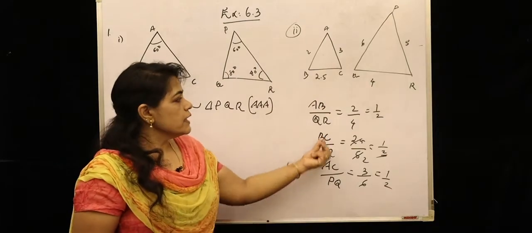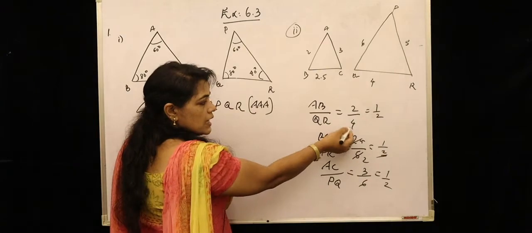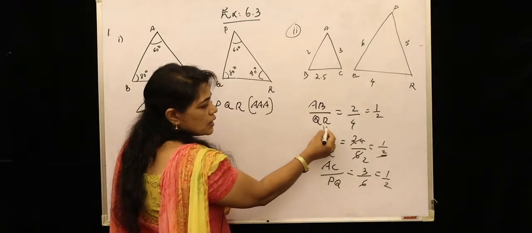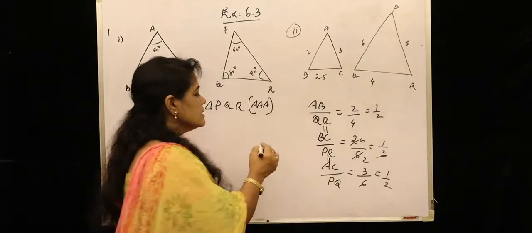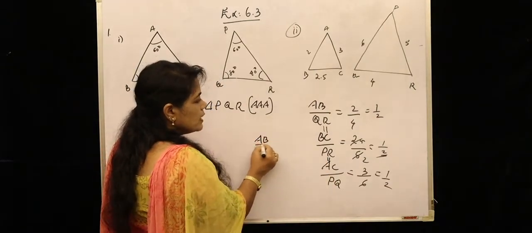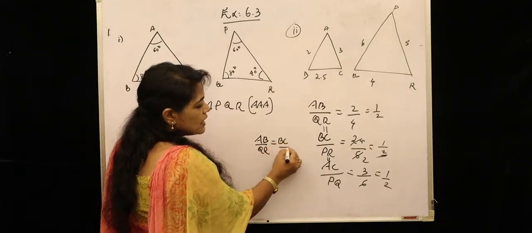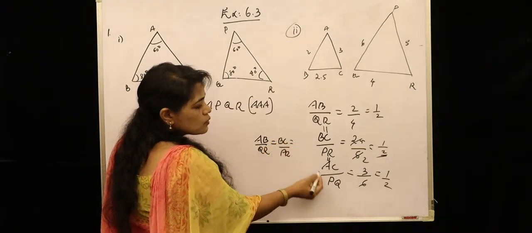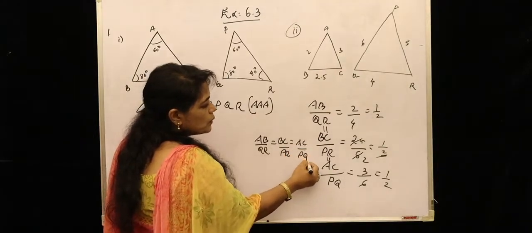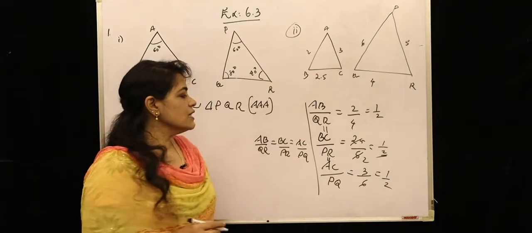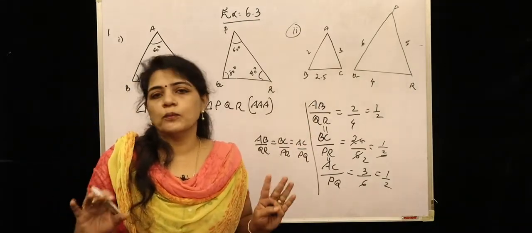So what you can say, AB by QR is equal to BC by PR. See children, AB by QR is equal to the second ratio BC by PR, and that is also equal to the third ratio AC by PQ. That is, we have seen that in these two triangles the sides are in proportion.